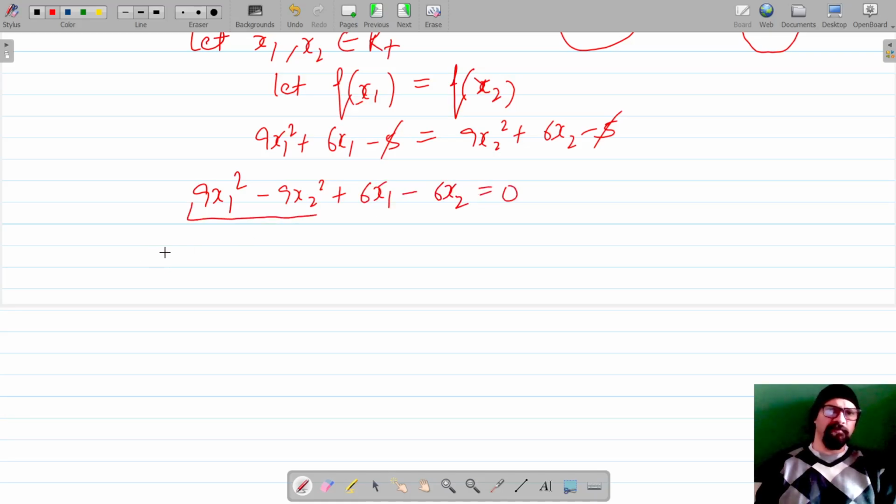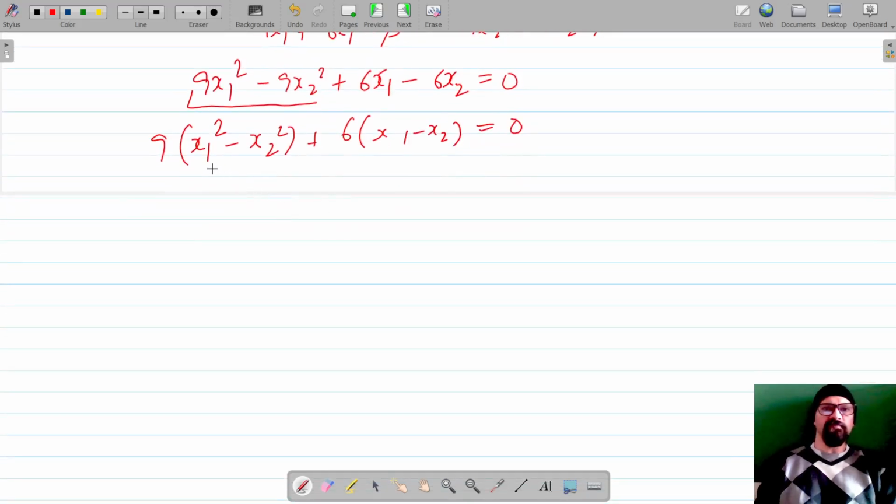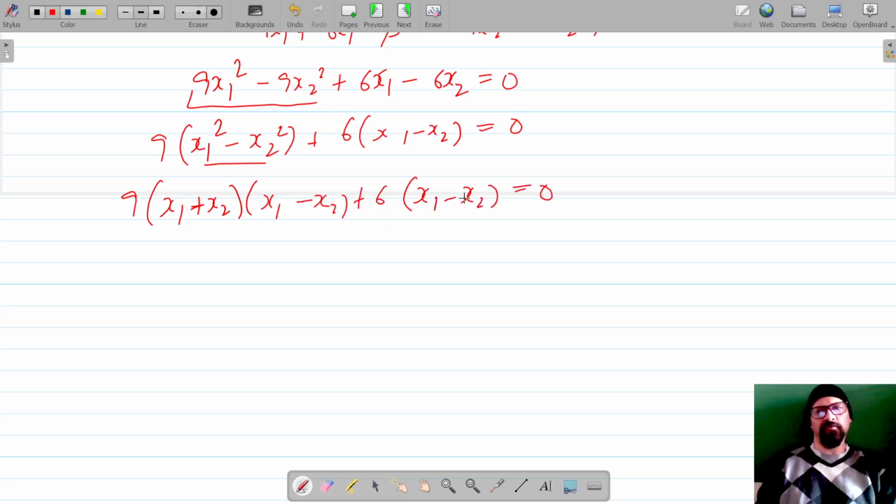For these the common factor is 9, giving x1 square minus x2 square, and for these the common factor is 6, giving x1 minus x2, equal to 0. Then using a square minus b square, which gives 9 into (a plus b) into (a minus b), plus 6 into (x1 minus x2) is equal to 0.